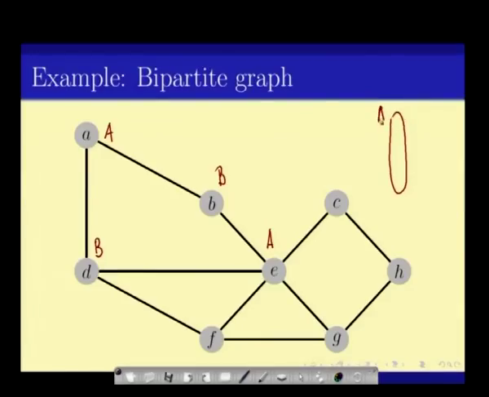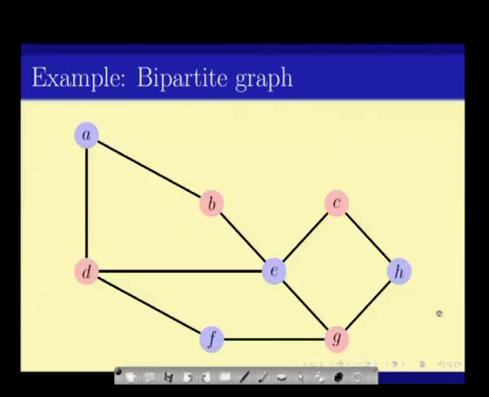In other words, you can think of these two sets A and B, and the edges are only between the two sets. So, edges within A or edges within B are not allowed. The edges must go only between A and B. For example, if I just remove the edge EF, then we get a bipartite graph.